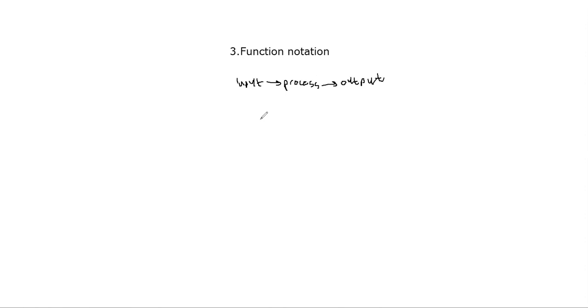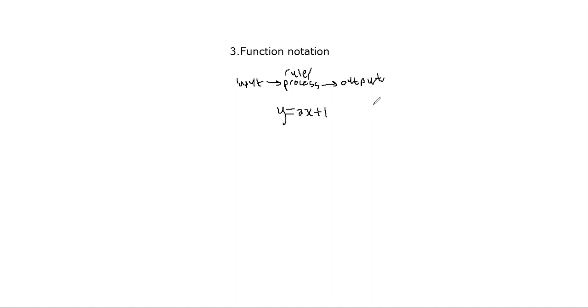So you will have something like, let's assume you have y is equal to 2x. Sometimes for process they use rule. It's the same thing. Rule or process. You have 2x plus 1, right?